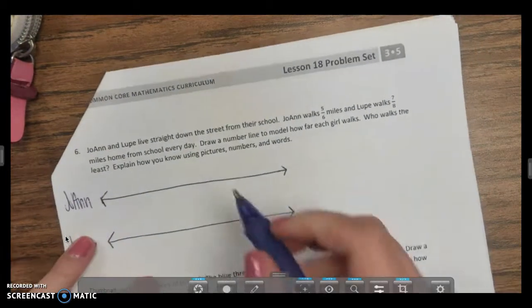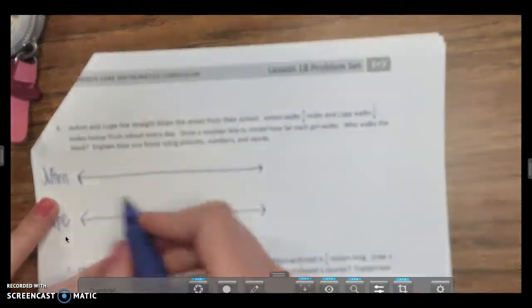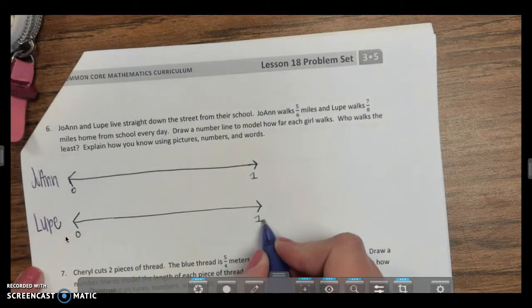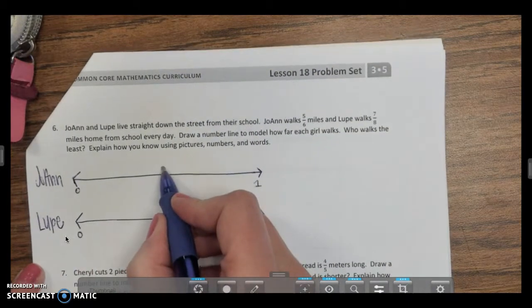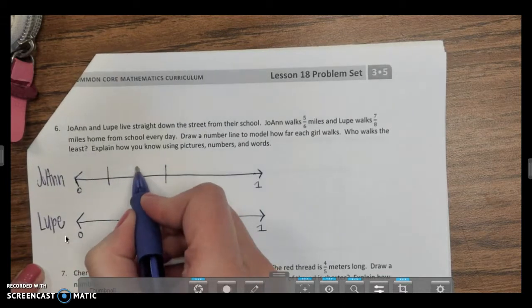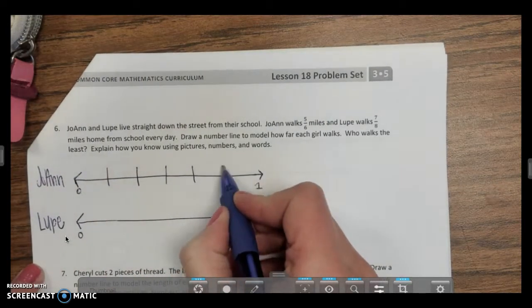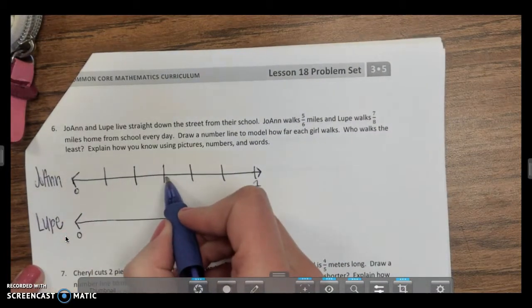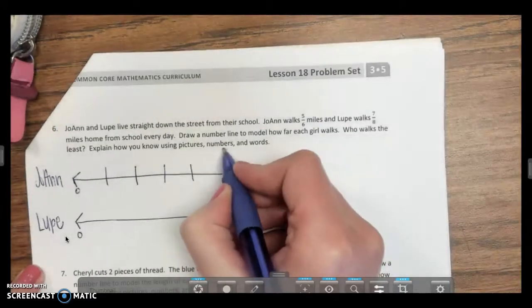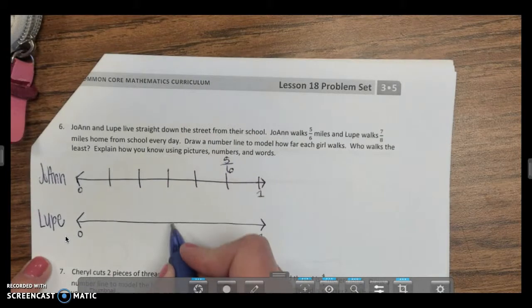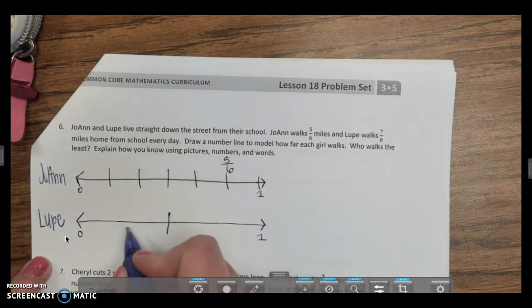So it says that Joanne walks 5/6 of a mile. Putting my 0 and my 1. So I'm going to split this into sixths. So 1/6, 2/6, 3/6, 4/6, 5/6. Now he walks 7/8 of a mile. So I'm going to go ahead and split that one up.